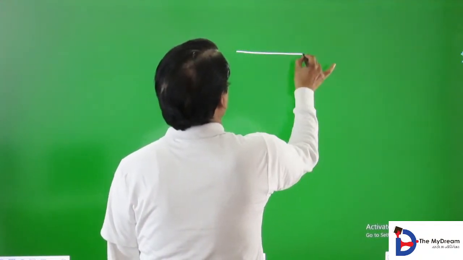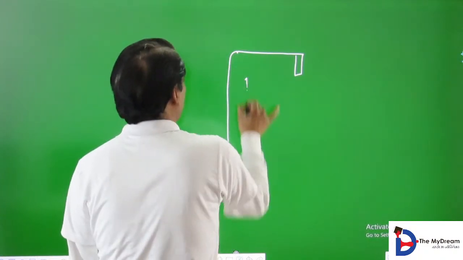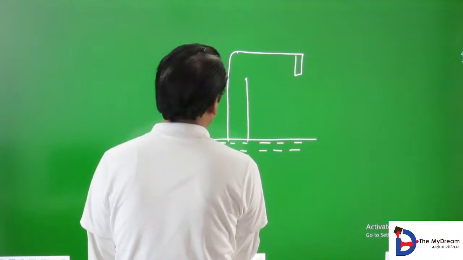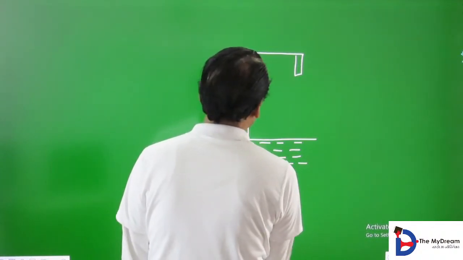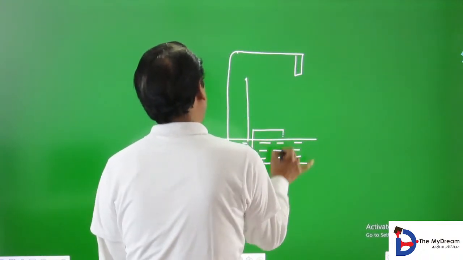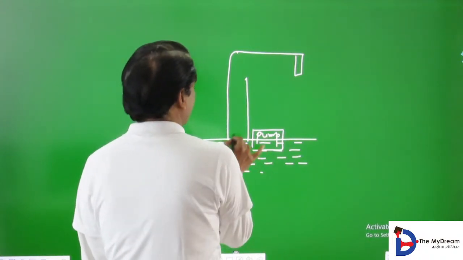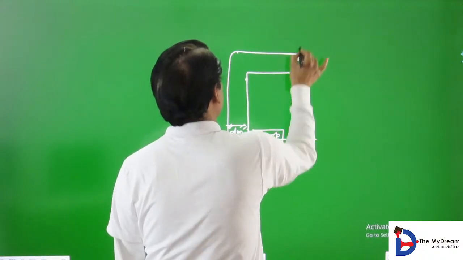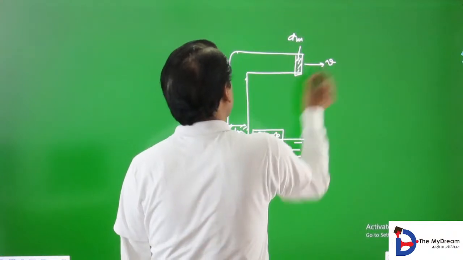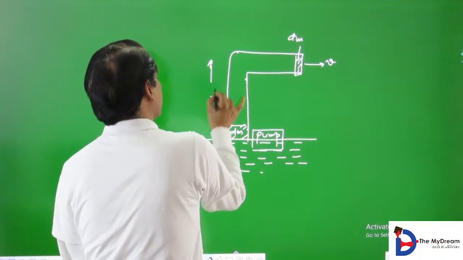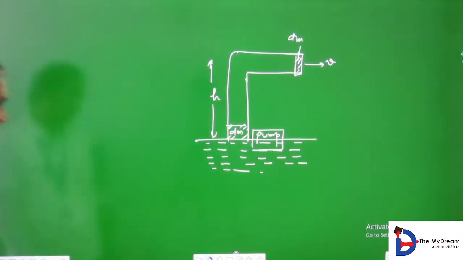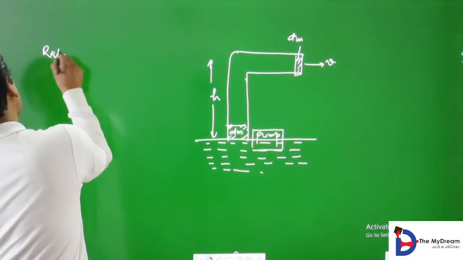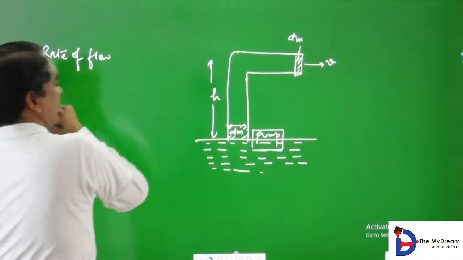Suppose you have installed a pump here. Take its mass as delta m, with velocity v and height h. Then you can go through the rate of flow, that is delta m by delta t.